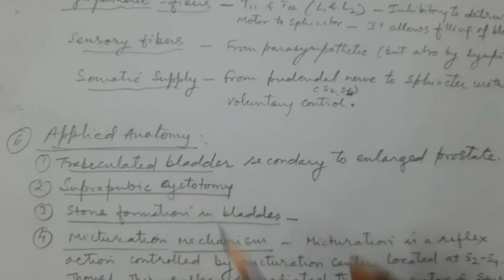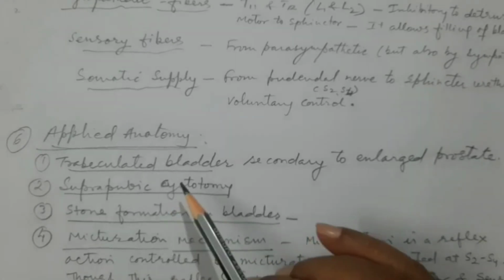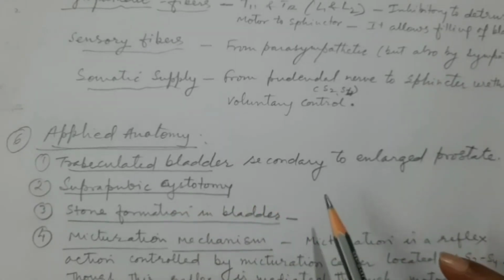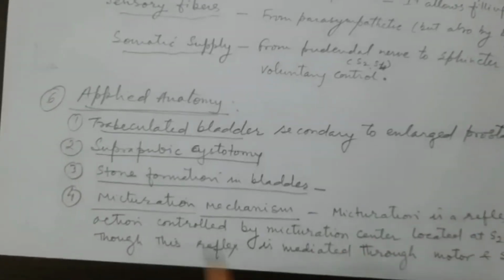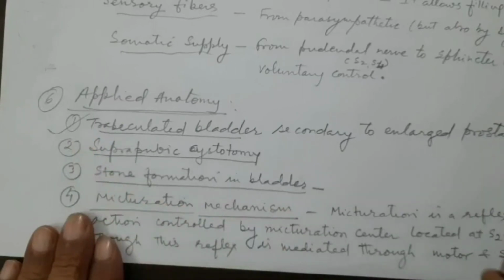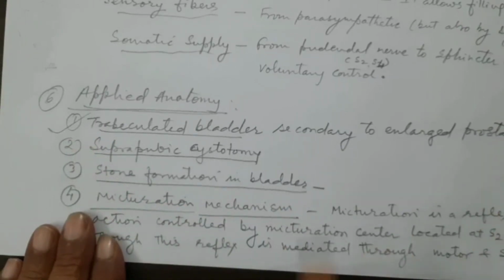If you see inside the bladder cavity, trabeculae or ridges will be seen. This indicates that the activity of this muscle is more, because there is a blockage at the level of the prostate. To overcome this blockage, the bladder has to contract vigorously. So this will lead to what is called a trabeculated bladder.